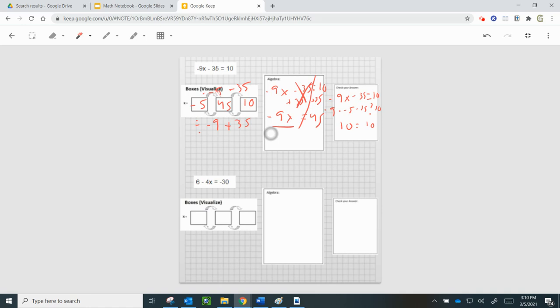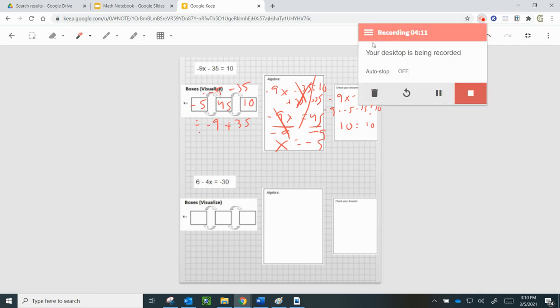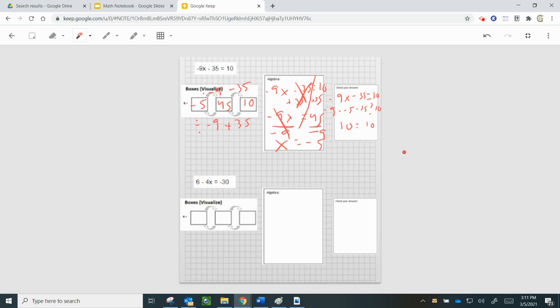Then I need to divide by negative 9, and I get that x equals negative 5. So you can see there that both ways we did it got us to x is negative 5. And then if I was just doing it starting with the algebra, I could do the check just like we did at the beginning.